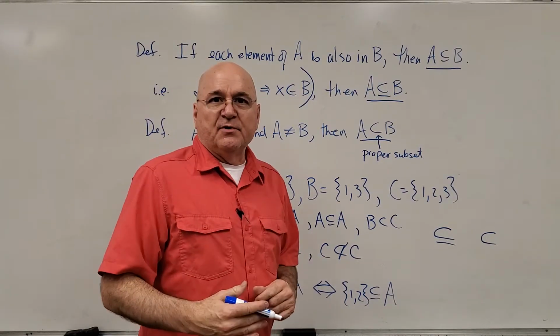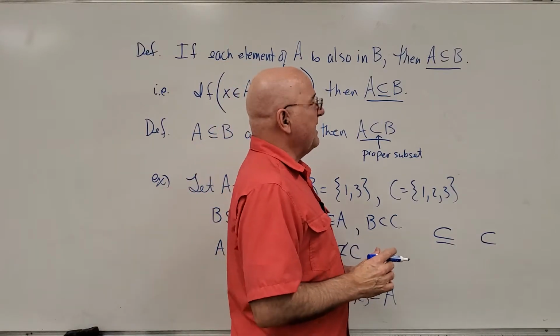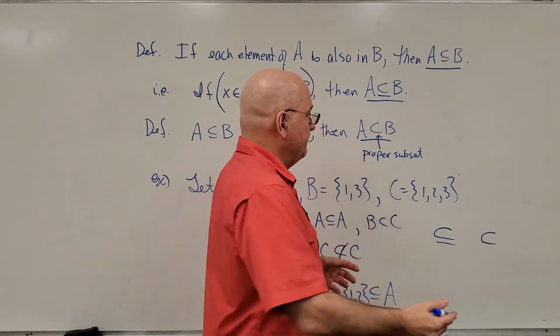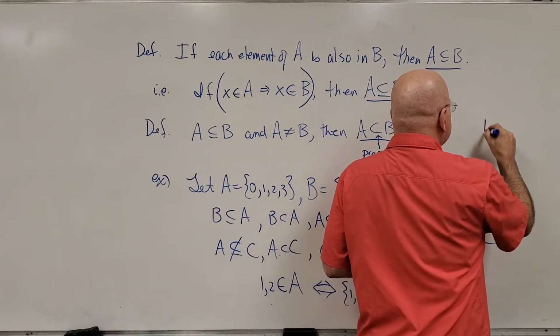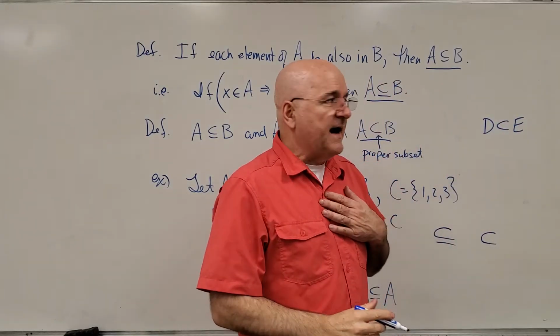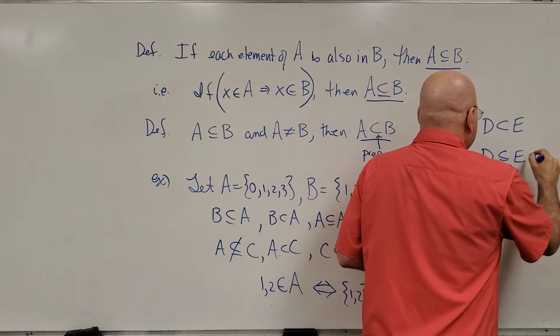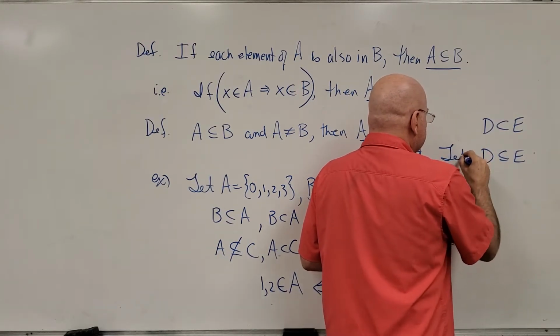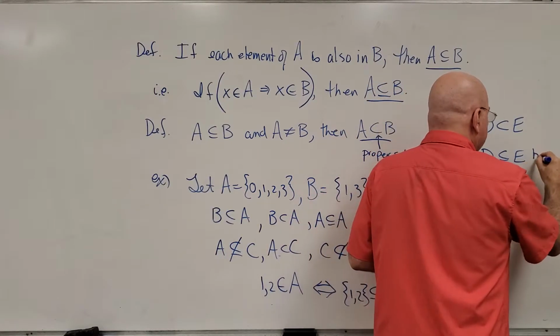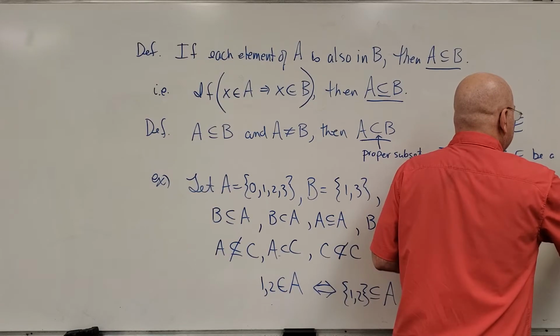When I write papers or maybe write homework problems, if I want to emphasize that, say, C or D is a proper subset of E, the way I do it is I say something like, let D, subset of E, be a proper subset.